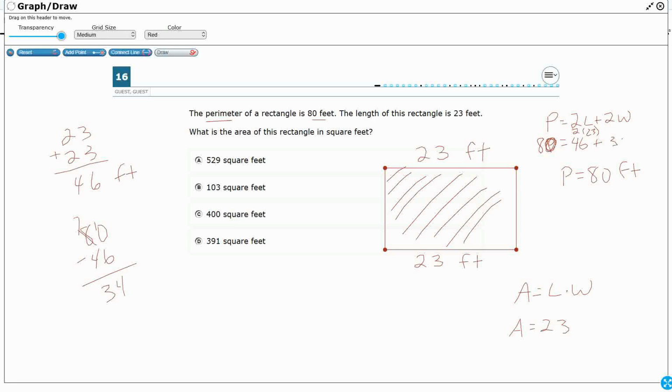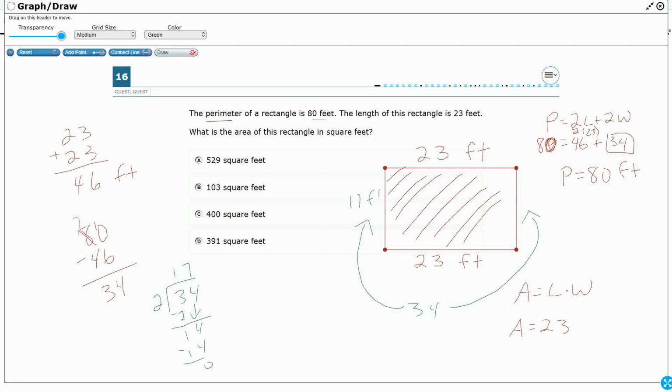That means that I need to take this 34 and split it evenly between here and here. Because if I can split that evenly between those two, then it's going to work. So let's take our 34 and cut that in half. And that's going to be 17, is what it looks like.